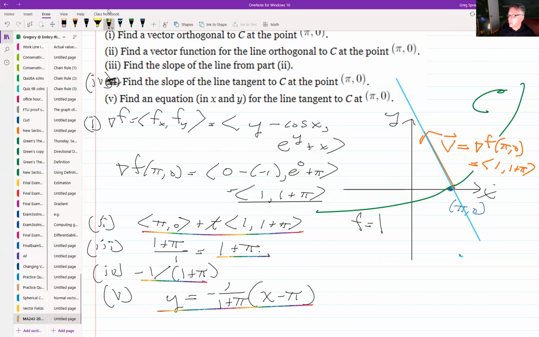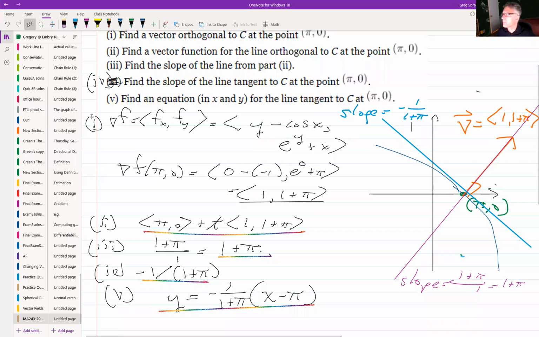Okay. Now I'm going to pause and then redraw that diagram so that the vector has a correct slope. And we're back. So I redrew the diagram so that the vector goes in the correct direction. And the slope of that line is 1 plus pi over 1, or just 1 plus pi.